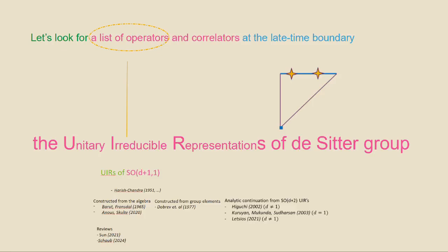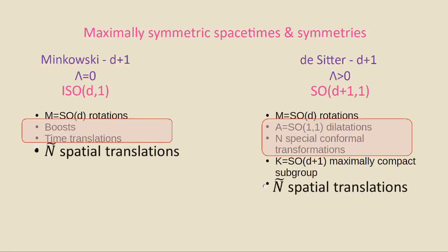Now, the representations of the de Sitter group are well known. So as we think of de Sitter in a family, let's compare it with Minkowski. These are the set of coordinate transformations that leave the metric of the spacetime of interest invariant, and they form a group. For Minkowski, you have invariance both under time translations and spatial translations, whereas time translations are not isometries of de Sitter spacetime.